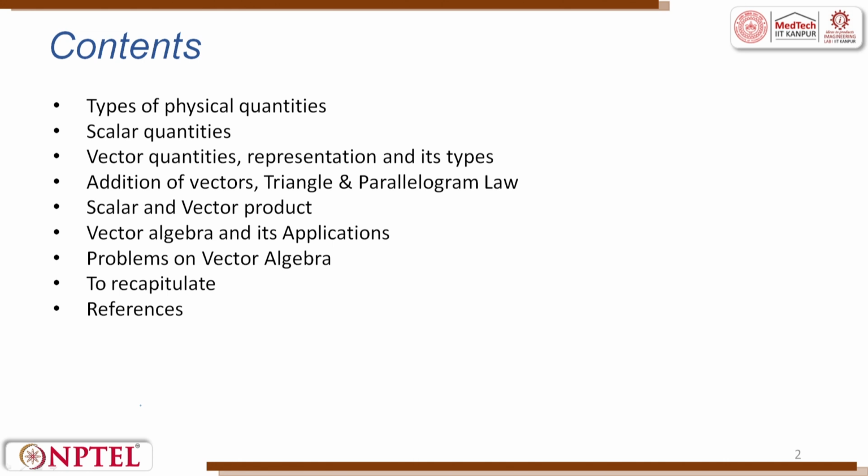Then triangle and parallelogram law, scalar and vector product, vector algebra and its application, problems on vector algebra. Like the previous two lectures, we will have a recap and references. I will give you some problems also for you to fine tune and hone the understanding.